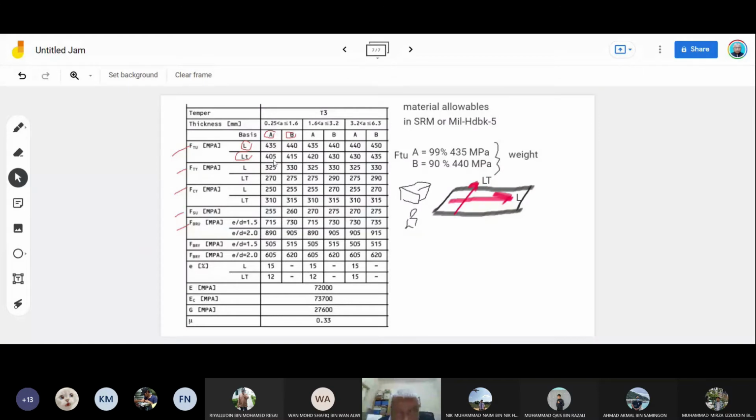LT is 405. Why? Because as they make the piece here, the grain direction is along this line. So you put a load here, obviously it's stronger than if you load this way. This is why you get two different values.